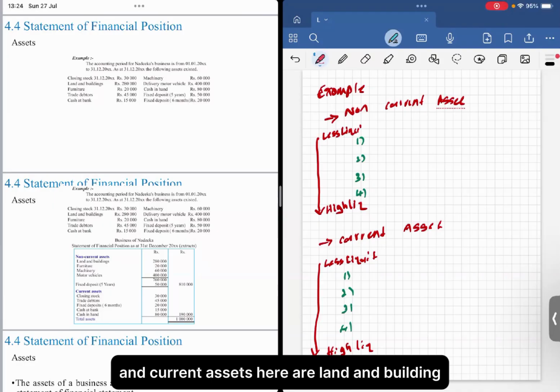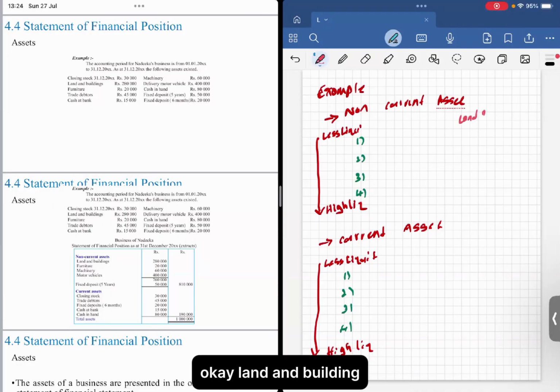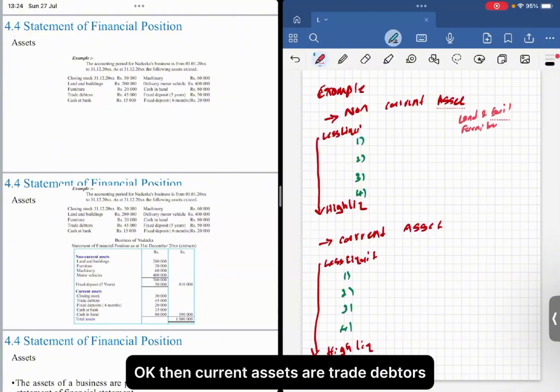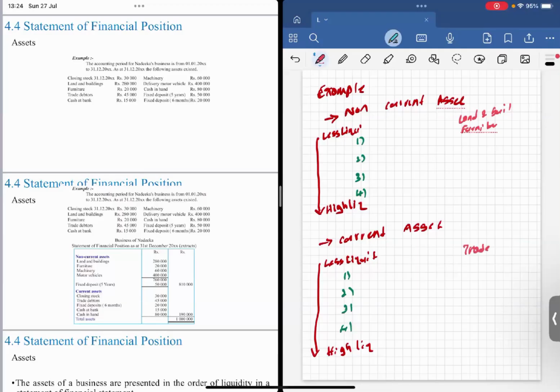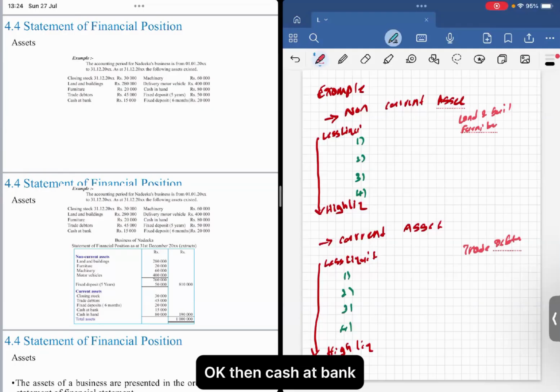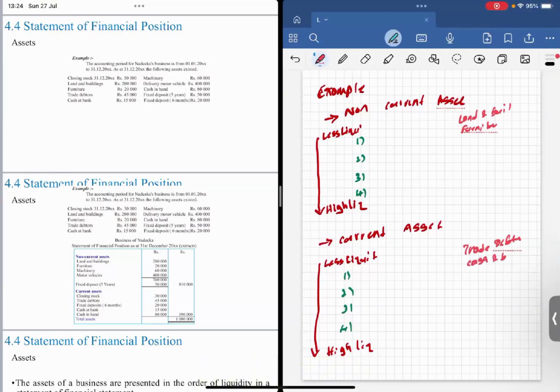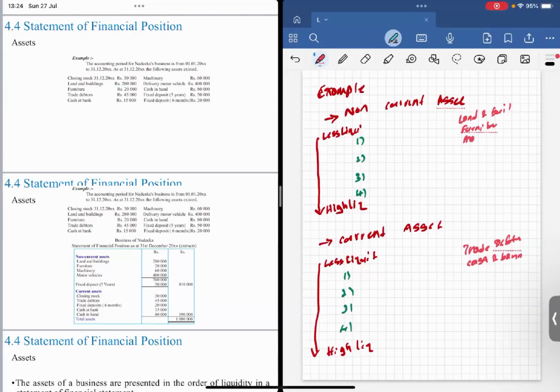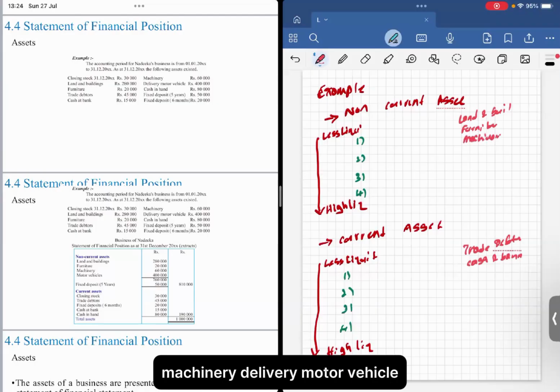Non-current assets here are land and building, furniture. Then current assets are trade debtors, then cash at bank. Machinery is a non-current asset, machinery, delivery motor vehicle.